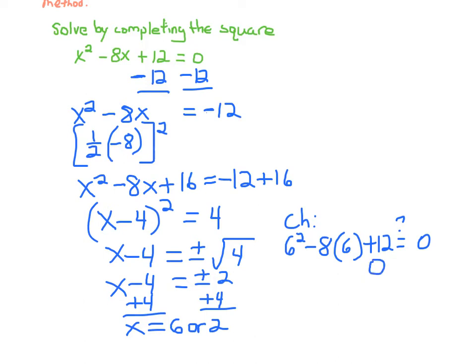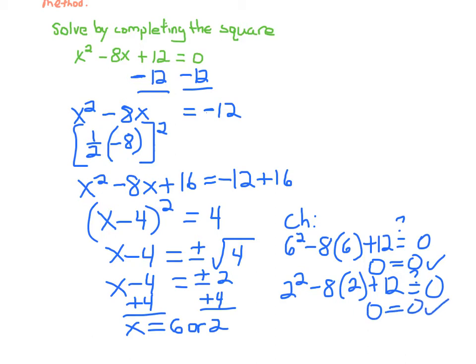You get 0 equals 0, so that checks, and then we'll try 2. 2 squared minus 8 times 2 plus 12. Does that equal 0? Well, I'm getting 4 minus 16 is negative 12 plus 12 is also 0. So I'll say 0 equals 0. That checks, and I can circle those as my solutions.